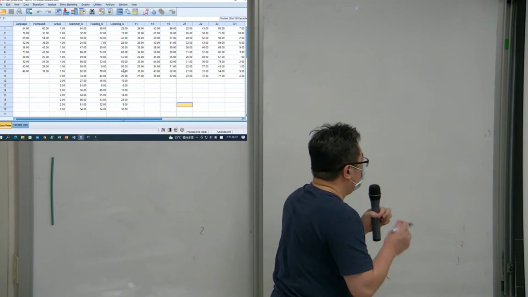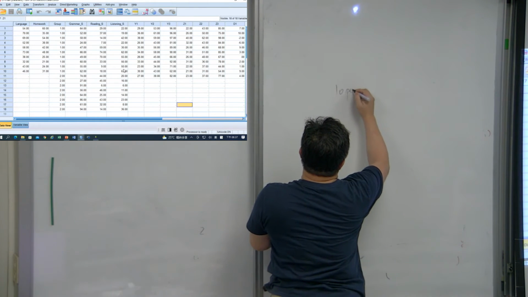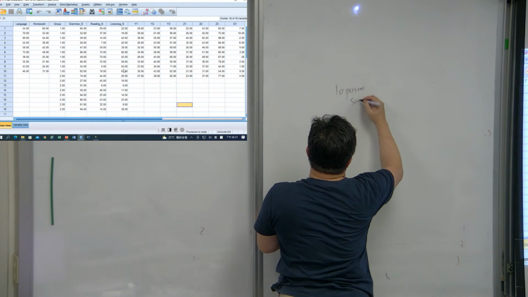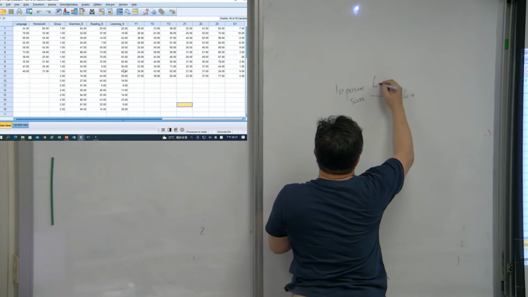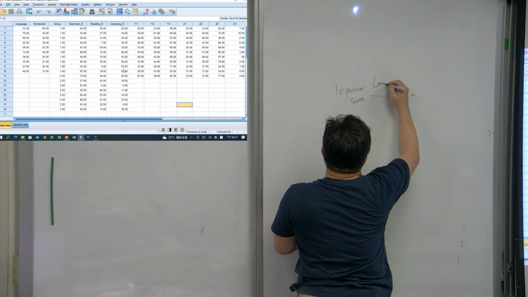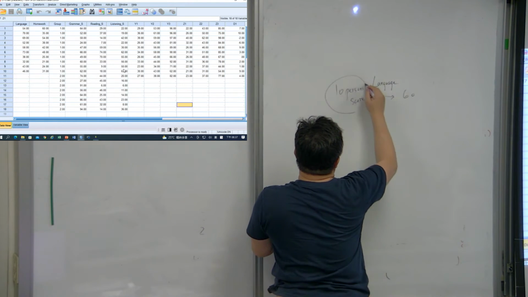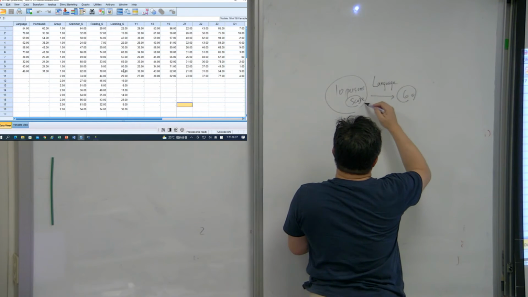Because we want to compare the 10 persons' score with the 60, right? In language. So we use their score minus 60.